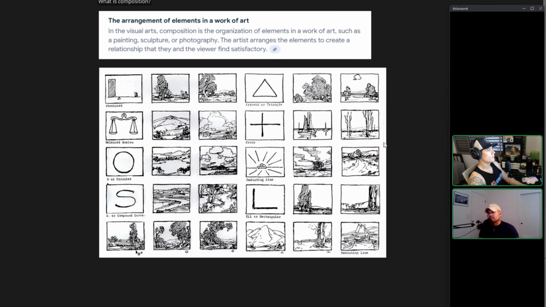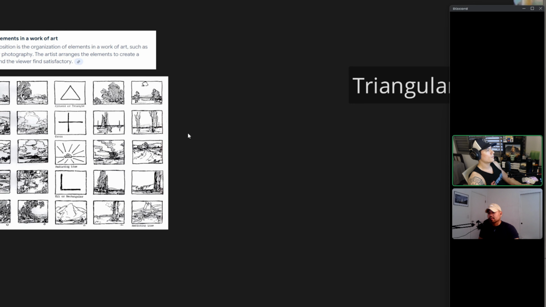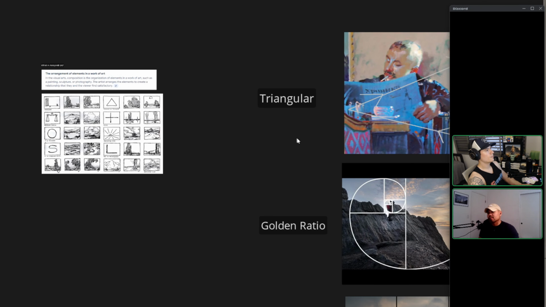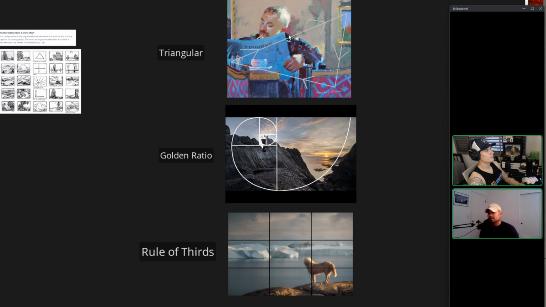And then we move on to some of the more common composition examples, some that we use mostly in everyday art that we see. Here's a triangular composition. Maybe this is good for action shots, if it's a cinematic painting or something, or just a calm shot like this.